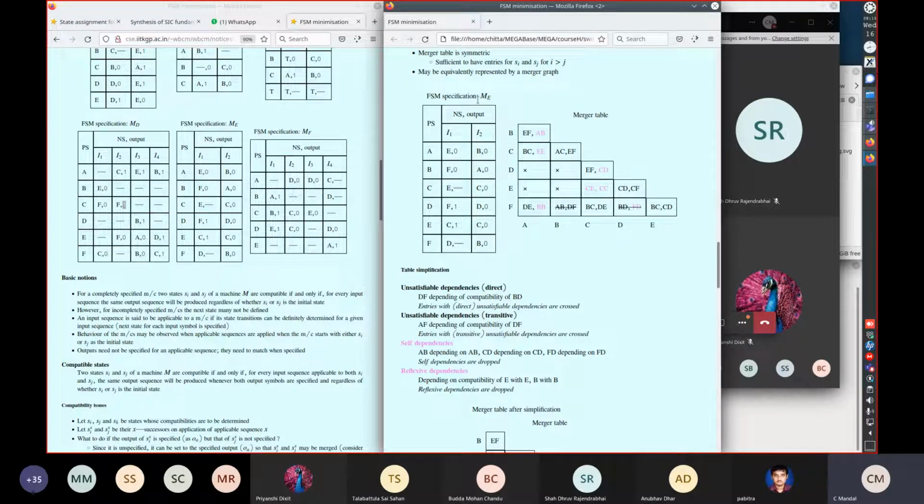So you can populate the merge table and post that. How far have you progressed? Have you finished?